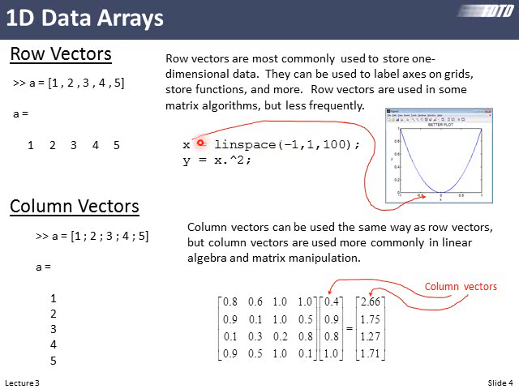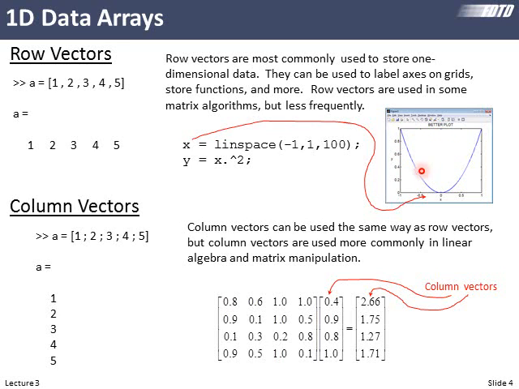But given these arrays, we can do some really neat things. We can just say y equals x.^2, and notice we're doing dot caret squared. The dot caret does a point-by-point squaring. It just goes to each element in x and squares it. So now y is another linear array calculated from x, but it's x squared. And so then we would just say plot(x, y), and out would come a graph something like this.